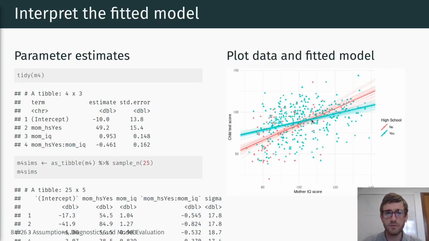And so we not only include the best fit line, which is the posterior median for the slope and the intercept and the interaction, but we include separate, smaller lines for each of those simulation draws to visualize the uncertainty around our estimates.